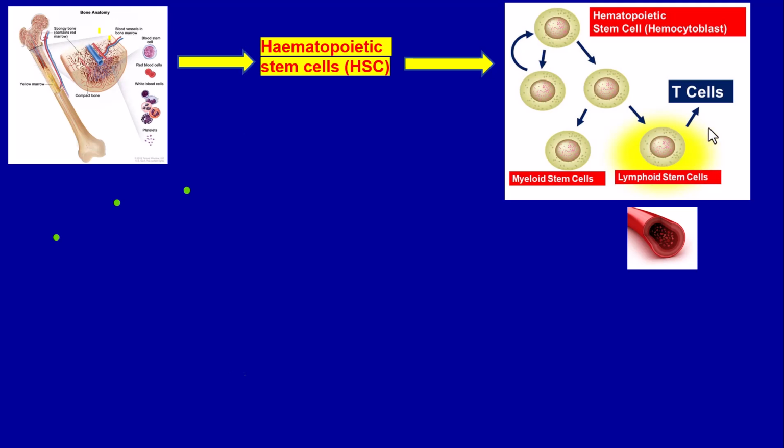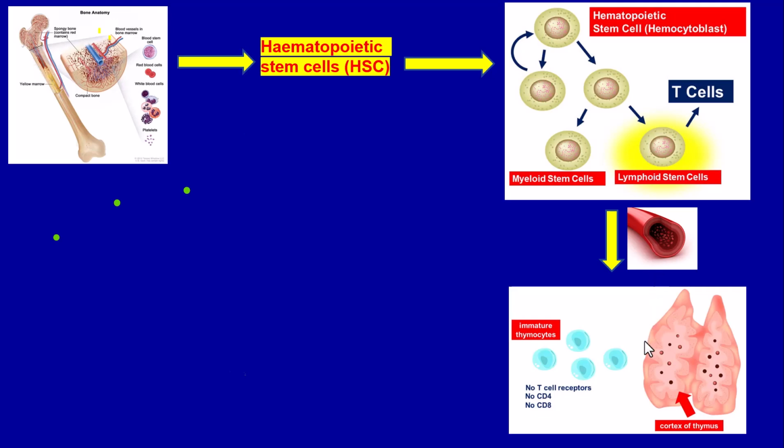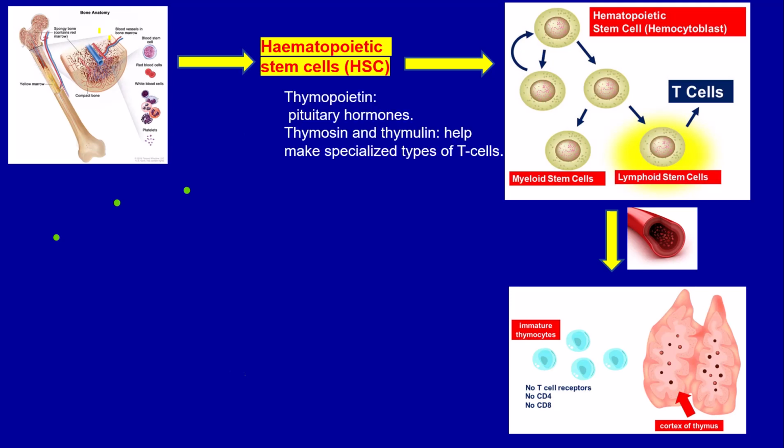When these T cells are produced, they are added to the circulation and then transported to the thymus. There are factors which attract these cells towards the thymus, such as thymopoietin and pituitary hormone, thymosin and thymolene, which help make a specialized type of T cell.